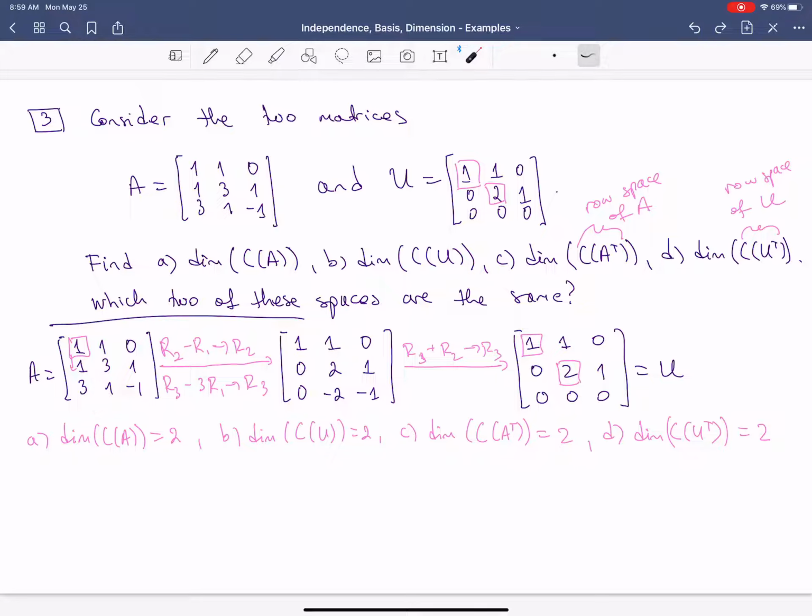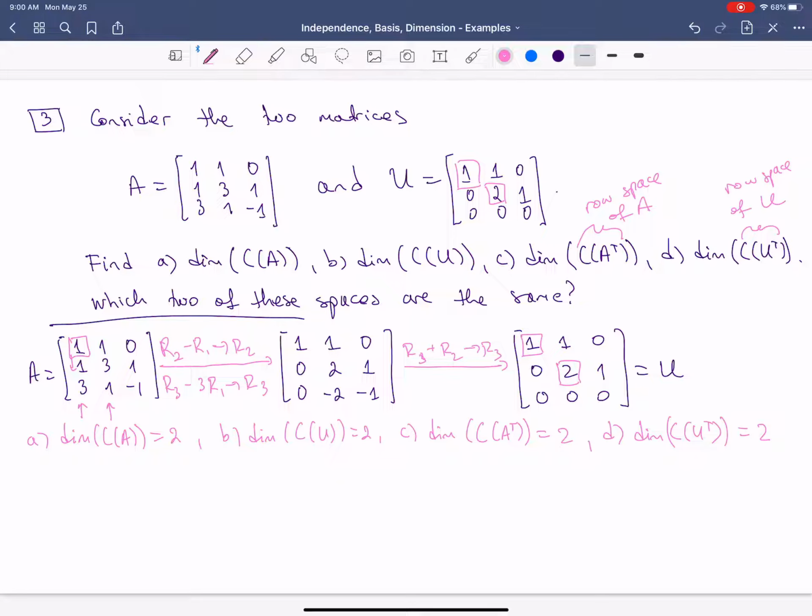The answer is no. Why is the answer no? Remember, pivot columns of a matrix give us a basis for that space. Now, the pivot columns of A correspond to the pivot columns of U in the sense that if the first two columns of U have pivots, then the first two columns of A are independent, they are pivot columns, whereas the other one will be a free column.